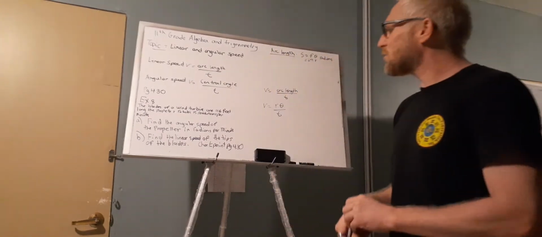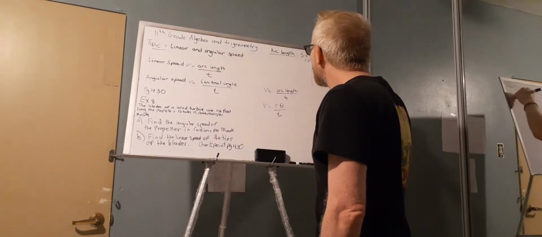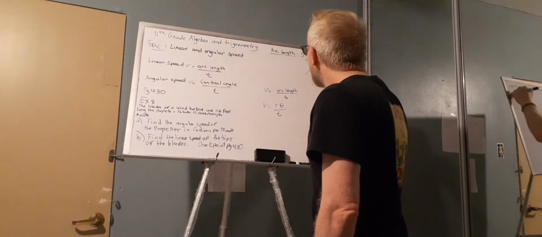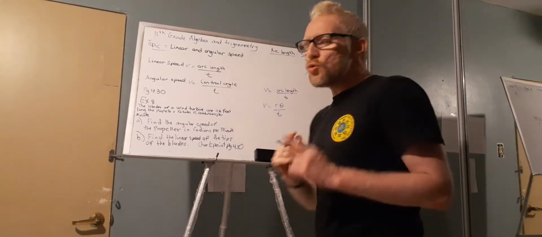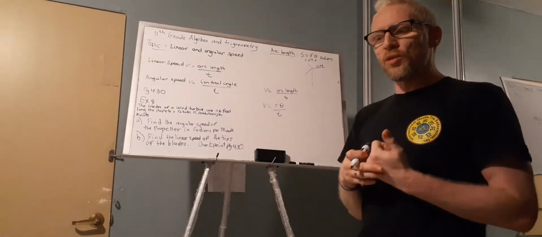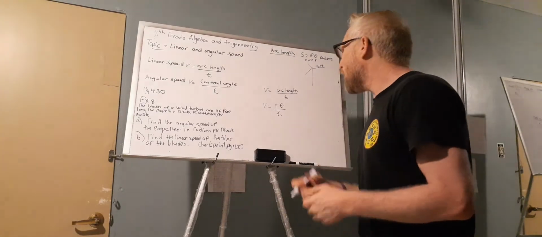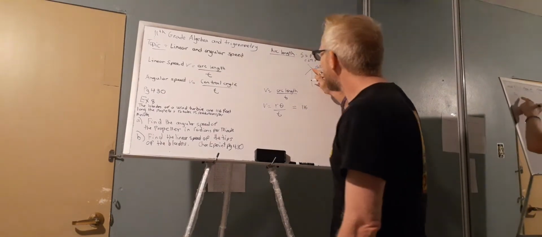Now in this exercise, we have the turbines. They kind of move like this, and this is 116 feet. So we do have a radius, and we do have a central angle. Now what we're going to do is say 116 is the radius.